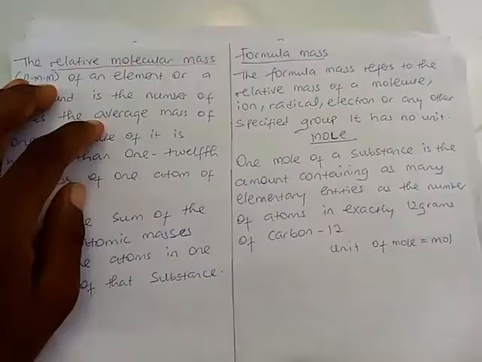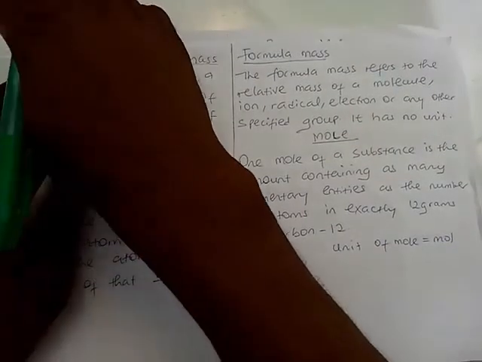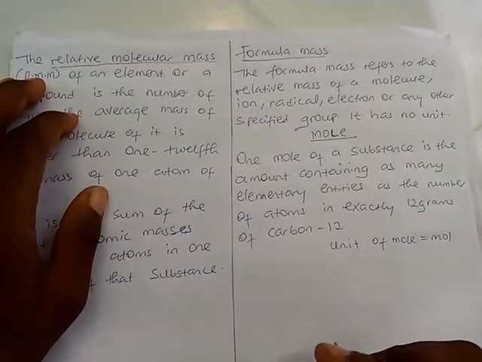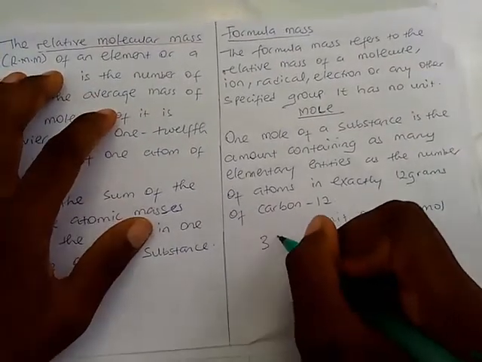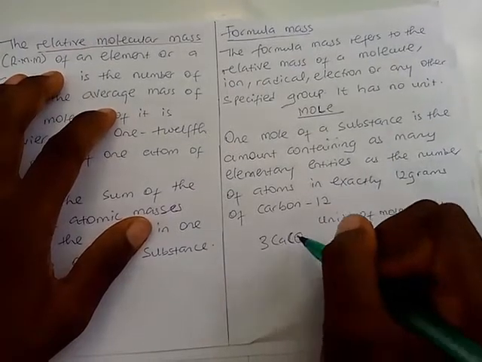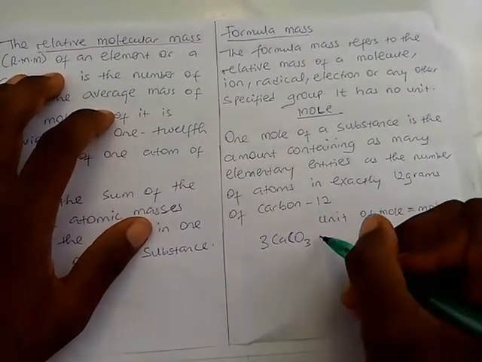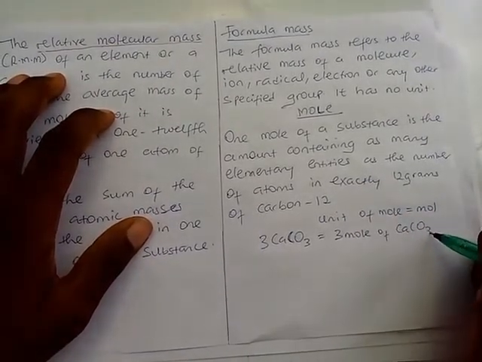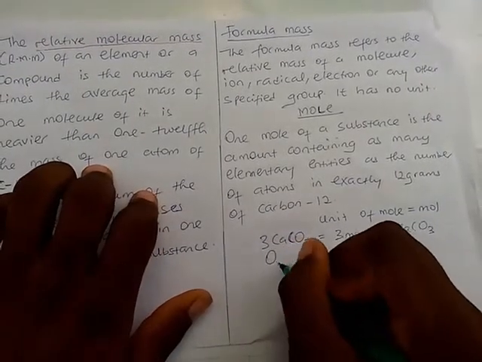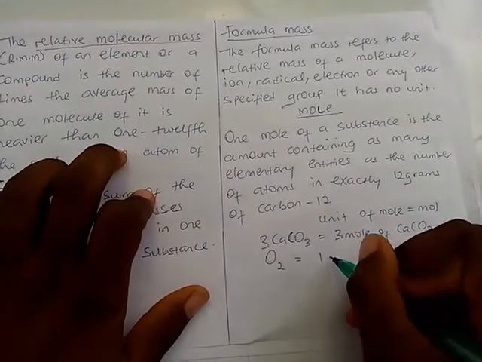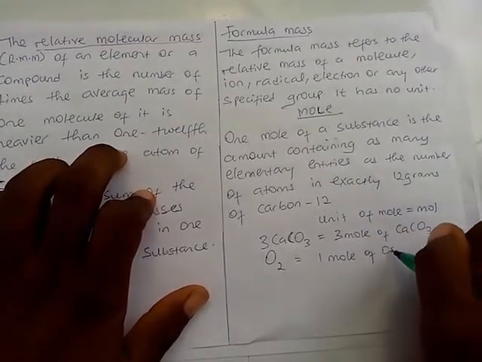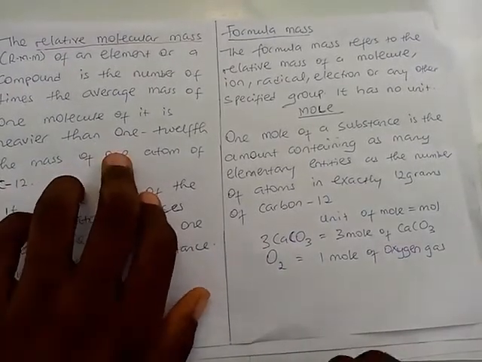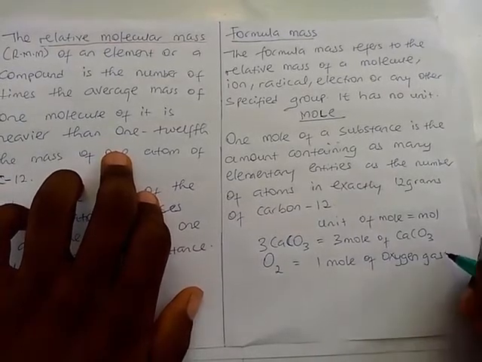So in chemistry, this particular quantity, the mole, is very, very important. For example, if we have 3 in front of calcium trioxocarbonate, what the 3 represents is that we have 3 moles of calcium trioxocarbonate. Also, if we have this, it means that we have 1 mole of oxygen gas, or you can still say oxygen molecule.